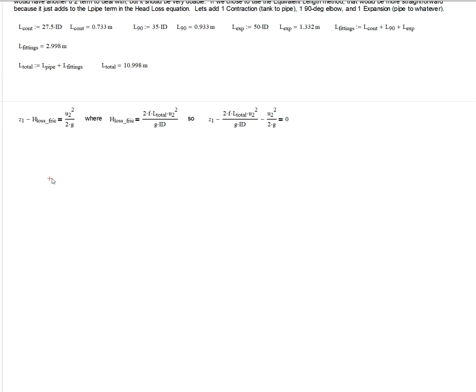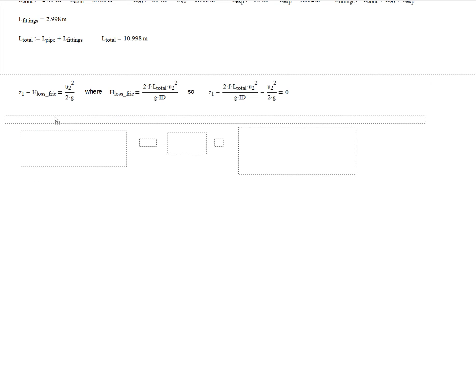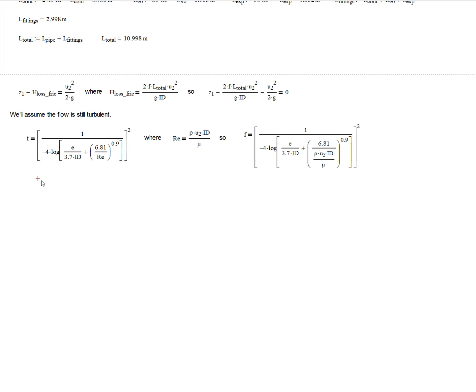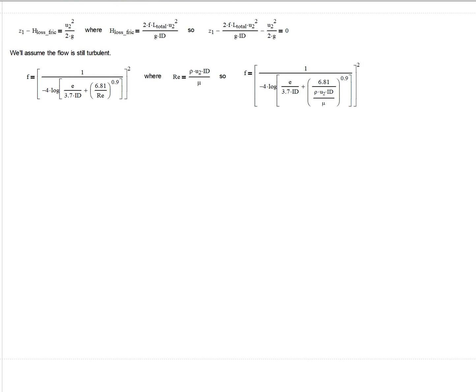We can then plug this into our Bernoulli equation, where the total head loss is going to include the equivalent length, which is now 11 meters and not 8 meters. We're still going to assume that the flow is turbulent, and so we have our same equations for the Fanning friction factor.